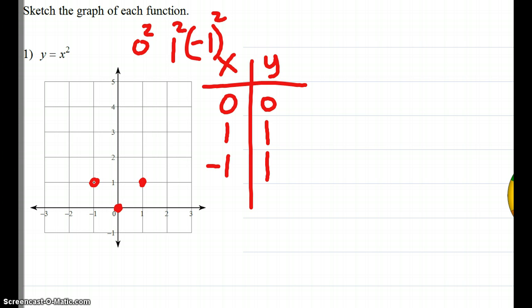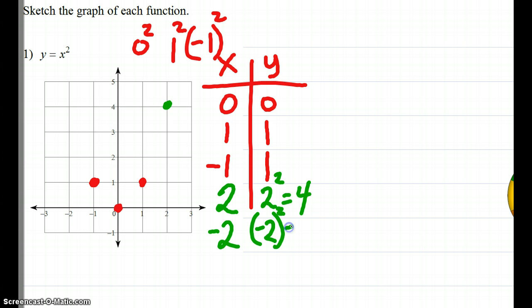and I didn't know any better, I might connect these with a V because these are the same exact points as in an absolute value. But let's put in a 2 and a negative 2, and I'll show you how it's different. If I put in a 2, 2 squared would equal a 4. So I'll graph the point 2, 4, and if I plug in negative 2, negative 2 squared will also be a 4.